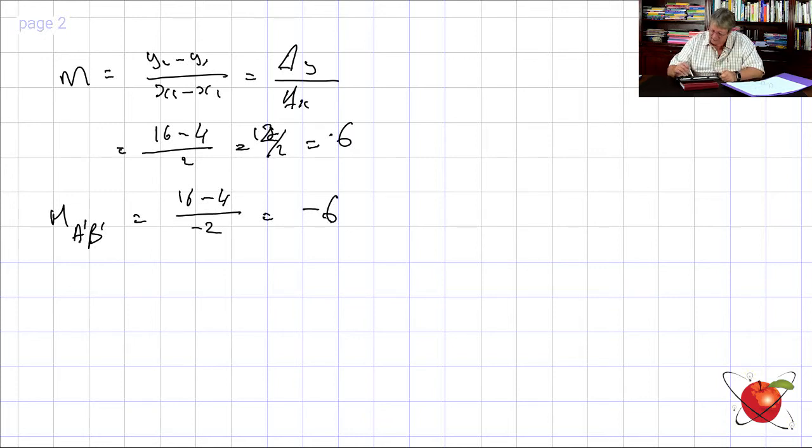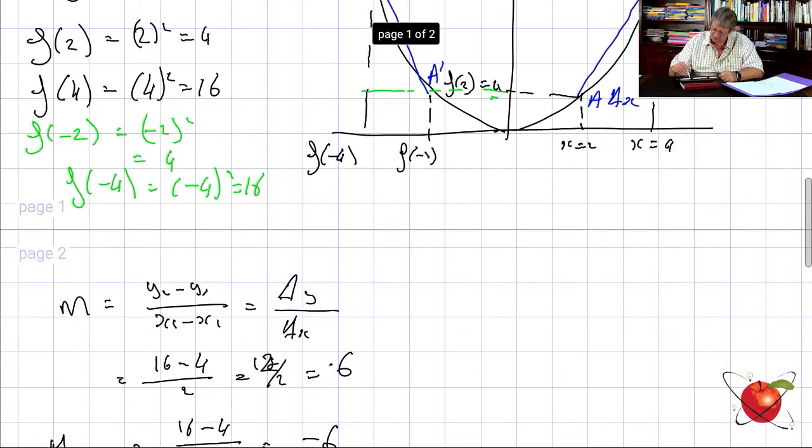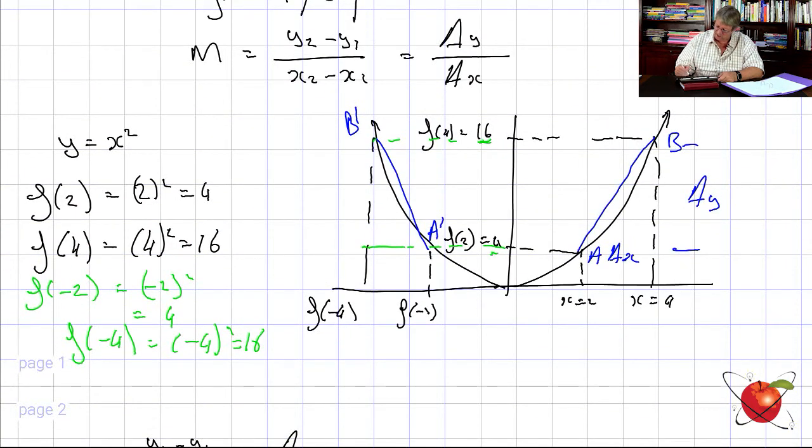Right? All I've done here is I've gone back to the curve. Can you see that over here, delta x was equal to 2. Delta x here is minus 2, is it not? The difference is minus 2. Minus 2 gets me to minus 4, does it not?